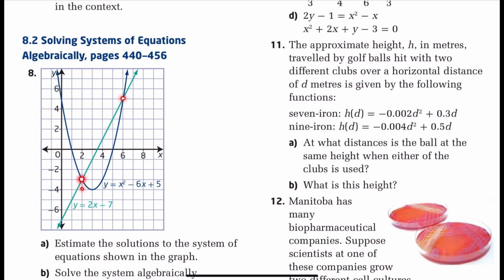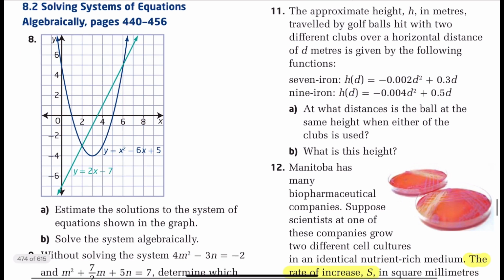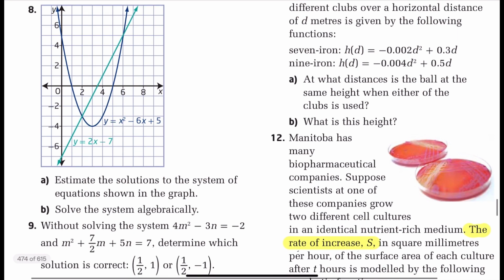We have an intersection here and here. This point is x is 6 and y is 5. This is one solution. The other solution is here, at x is minus 3 and y is 2. So this is your second point. Just from the graph you can get them without losing time.